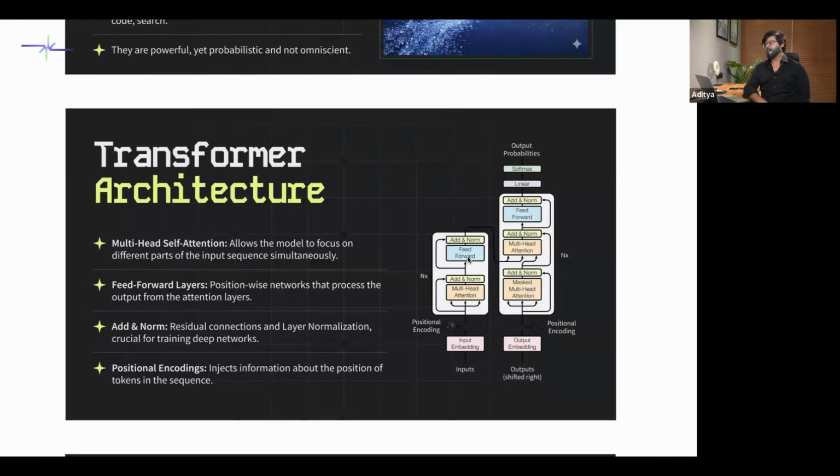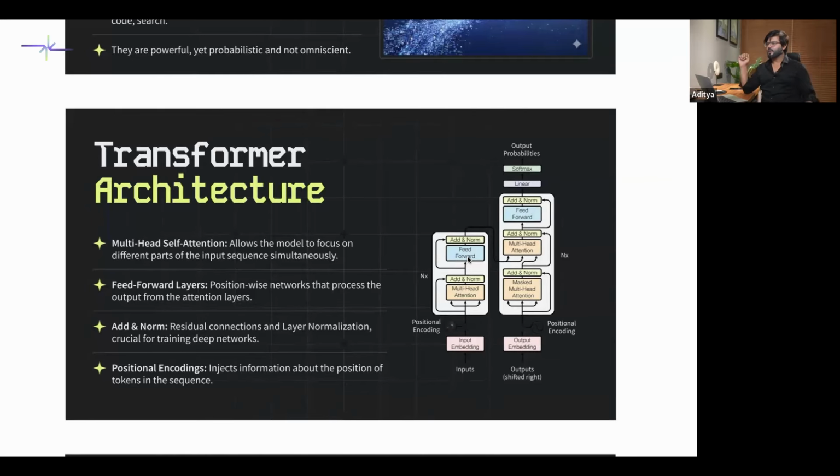Think of it as every time you're calling these, you're just passing the add and norm to it. For the time being, we'll get into the detail when we go into the mathematics of it, but just get this idea.